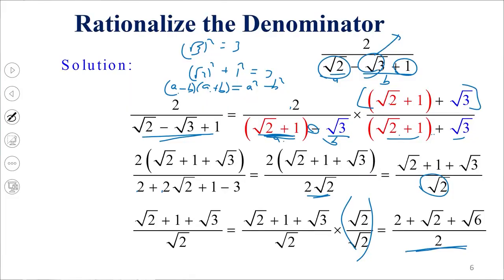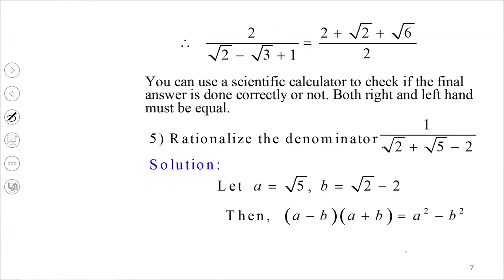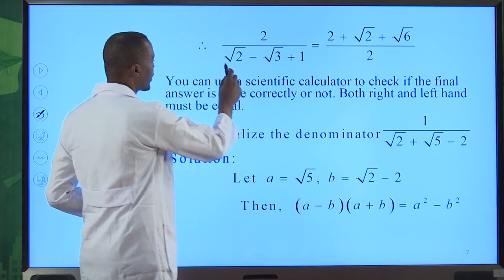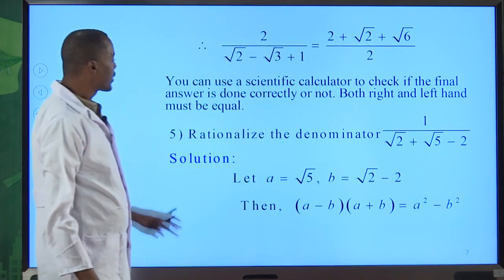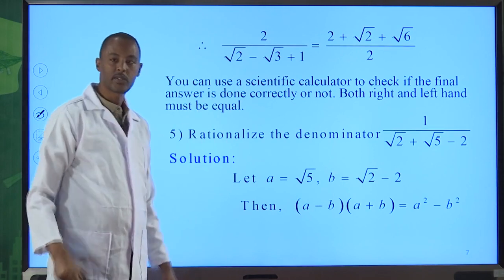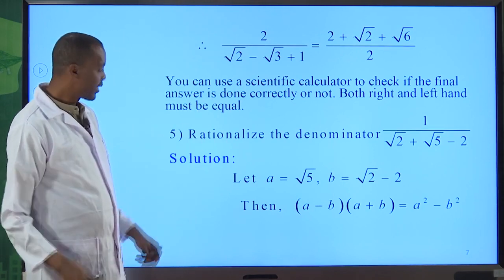Now is the end of this problem, because now the denominator has only 2, which is purely a rational number. It means that we are done. So that is our original problem, and this is the final answer. And you can use a scientific calculator, not during exam, but when you study.